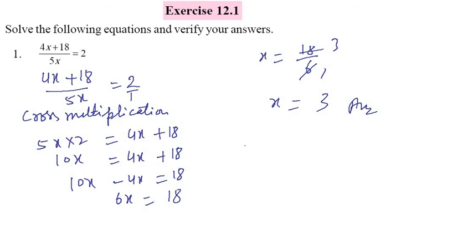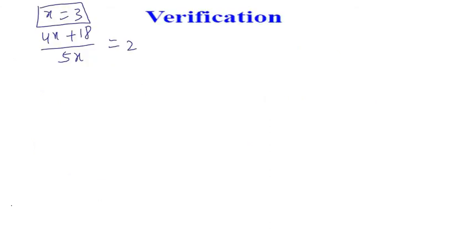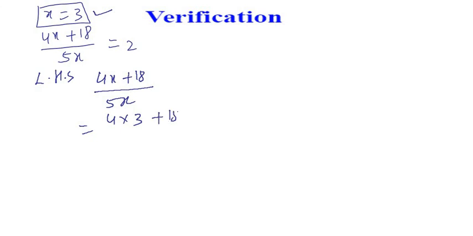Now how can we do the verification? Let us start. Now taking the left hand side of this equation, the left hand side is 4x plus 18 upon 5x. Now put the value of x equal to 3 in this. So 4 into 3 plus 18 divided by 5 into 3.